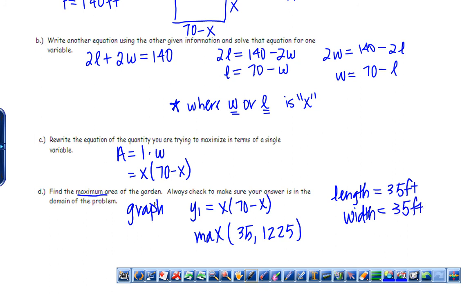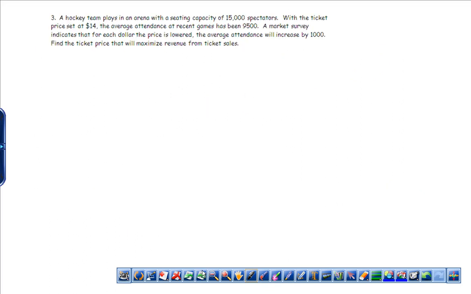It says always check to make sure your answers are in the domain of the problem. And it says find the maximum area. So my maximum area here is 1,225 square feet. All right, let's move on.